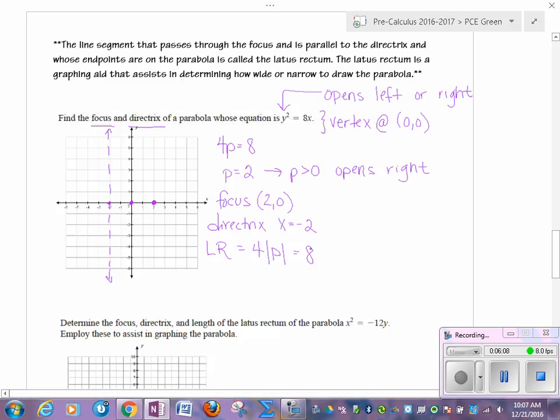That means that it is 4 units from the focus in each direction, up and down. So there's our latus rectum. So we know that our parabola is this wide. Okay, we found our focus, we found our directrix, and we happened to graph our parabola.